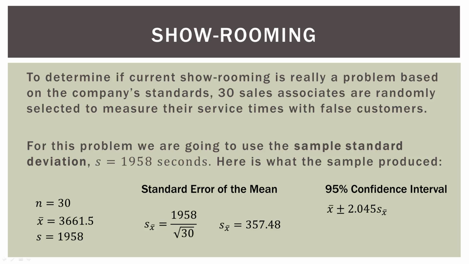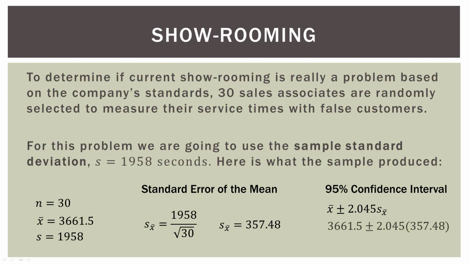So if we go to our t-table and we go for an alpha of 0.05, again, the same one we've been using, and now we're going to 29 degrees of freedom because our n is 30, so our degrees of freedom is 1 less than that, so that's 29. If we find where that column and row meet, that is a t-value of 2.045.